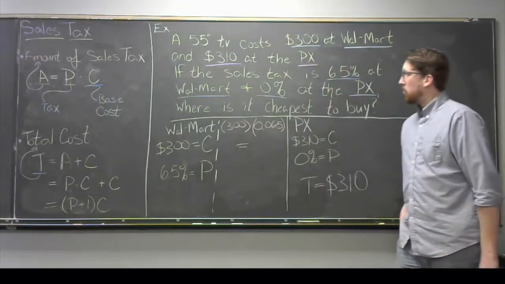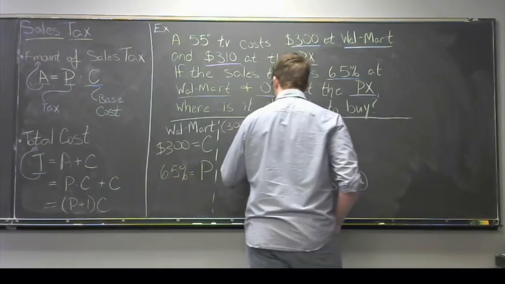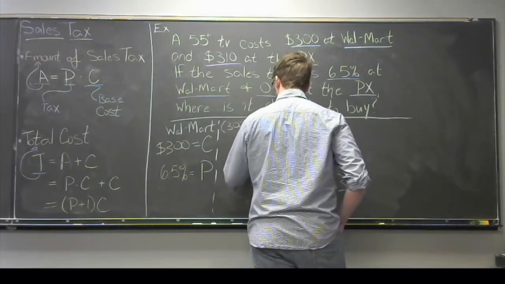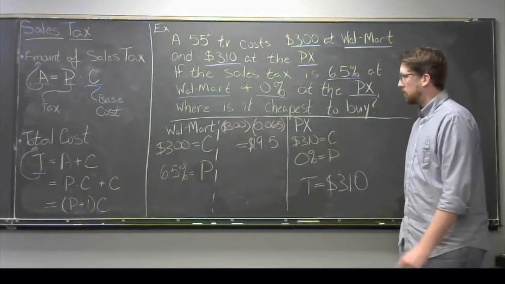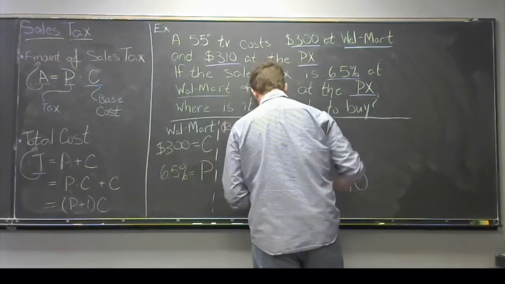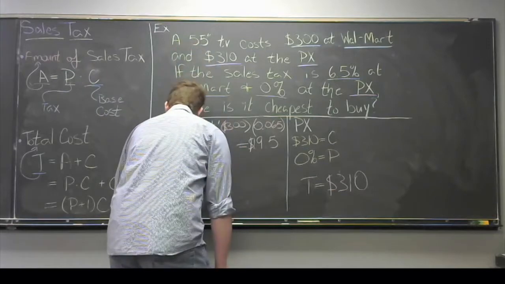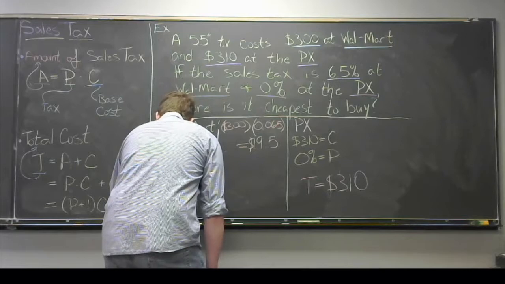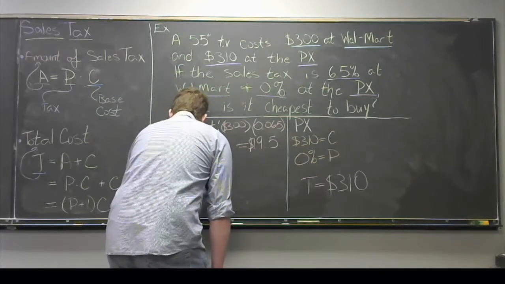Multiplying them together comes out to be 19.5. So, we now know that the amount of sales tax is going to be $19.50 at Walmart.